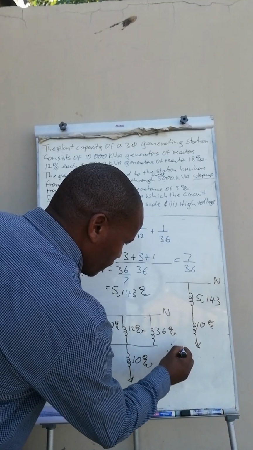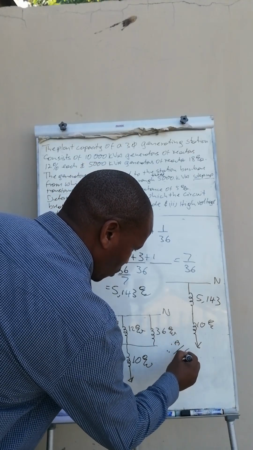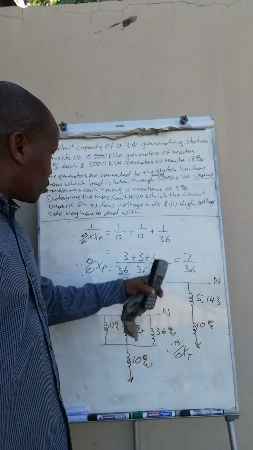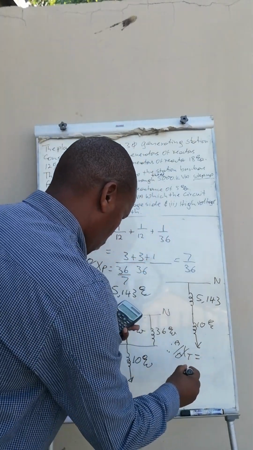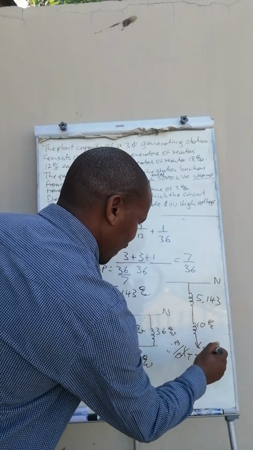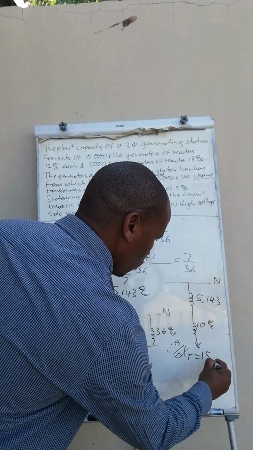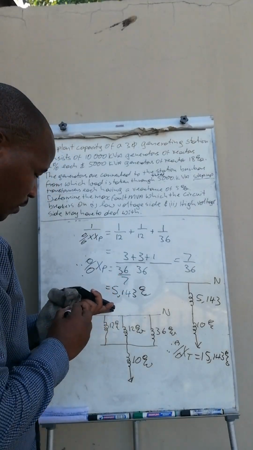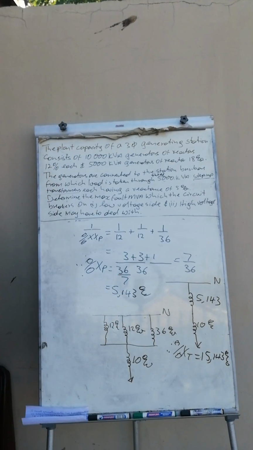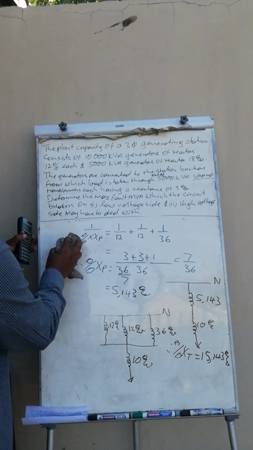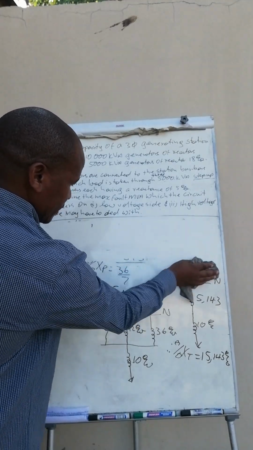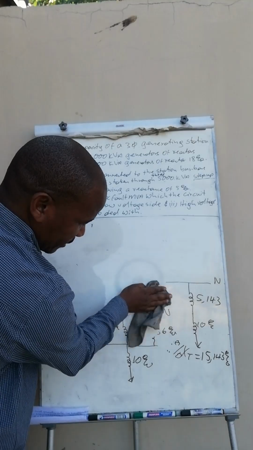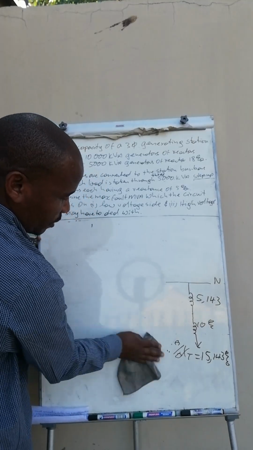Therefore the total reactance of the whole system is equal to 10 plus 5, which is 15.143%. All right. Now I can delete this. This is also done. I can only be left with that one.